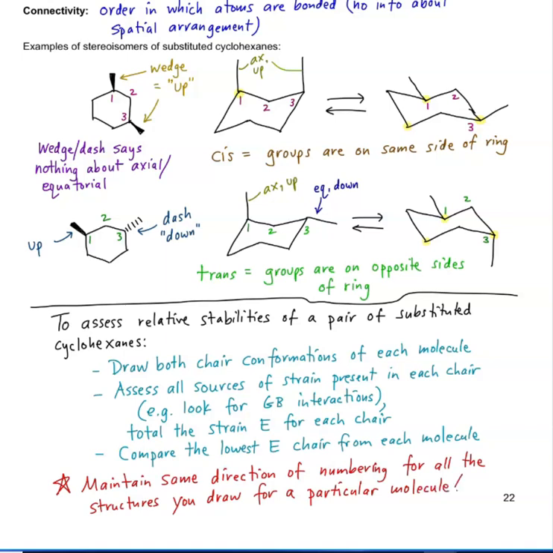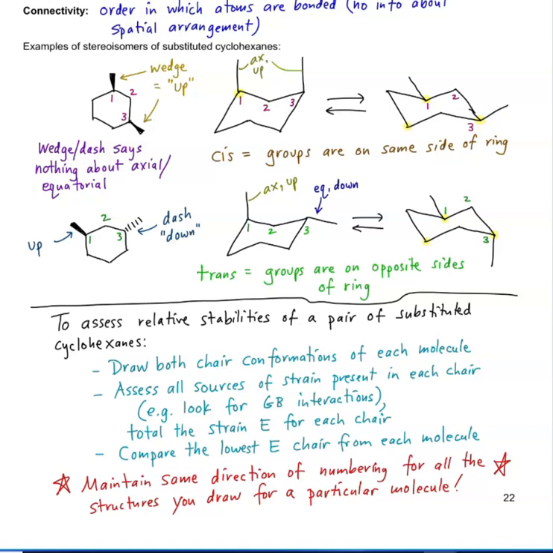Now that seems simple enough, and you might say, okay, I'll remember that. But many people don't. They end up changing the direction of numbering, and when that happens, they open themselves up to drawing a completely different stereoisomer than the one that they want to draw, and they lose points as a result. So it's really important to always have the same numbering direction for a particular molecule.